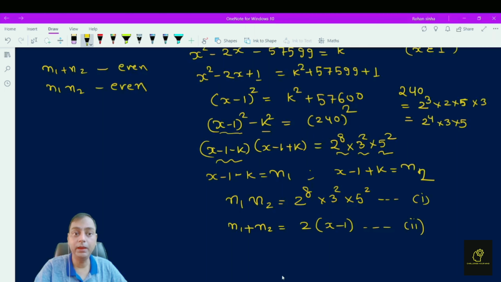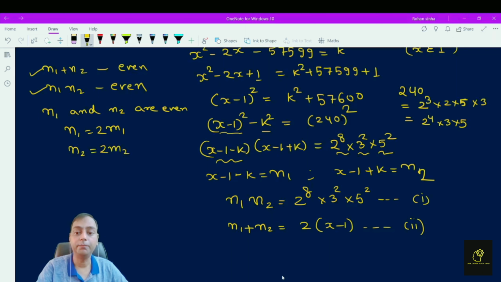So what can we say? We can say that both n1 and n2 are even, because the sum is even and the product is also even. So let us suppose n1 as twice m1 and n2 as twice m2.